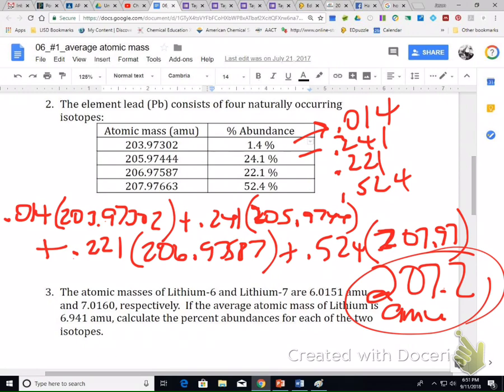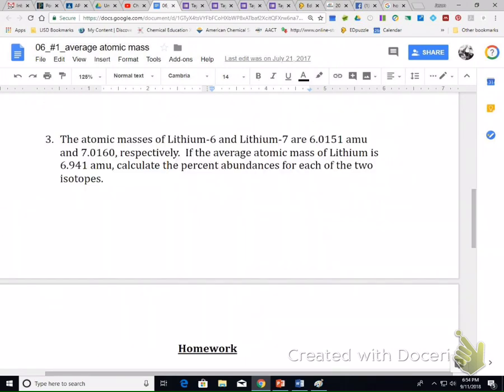All right, real quick before we move on to the next problem, let's hit the clear button there and scroll up. And then this is just a little bit different approach to the type of problem we're working here. The atomic masses of lithium-6 and lithium-7 are 6.0151 AMUs and 7.0160.